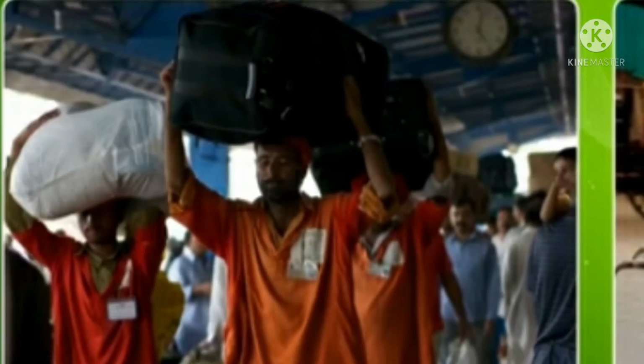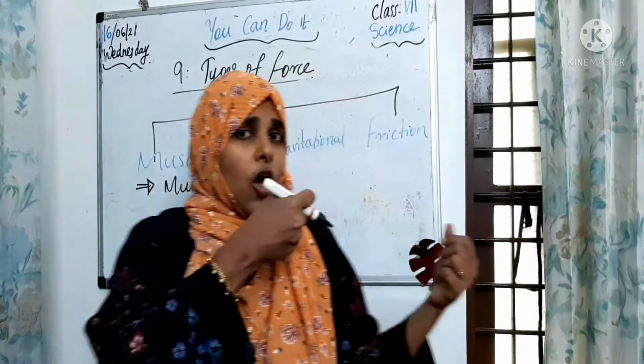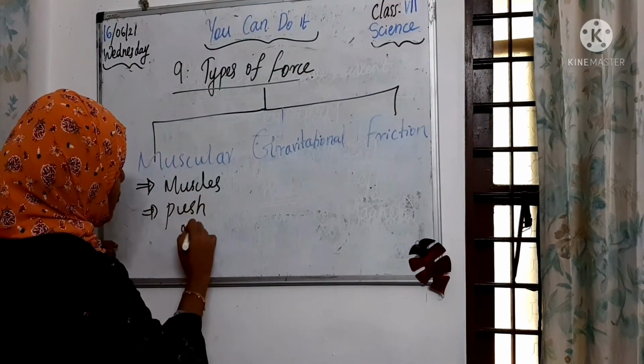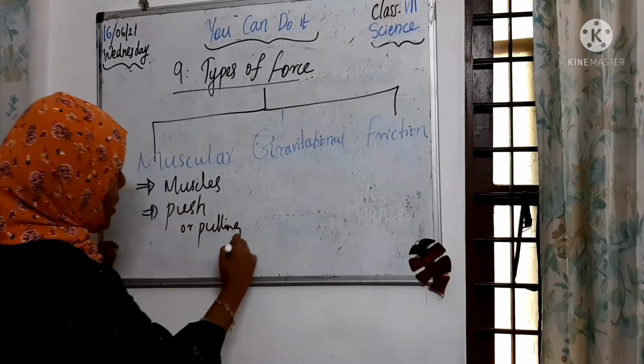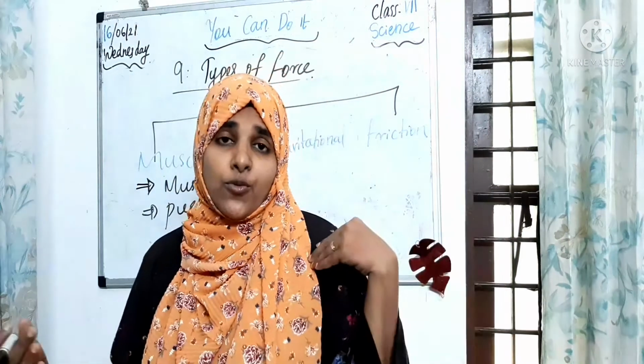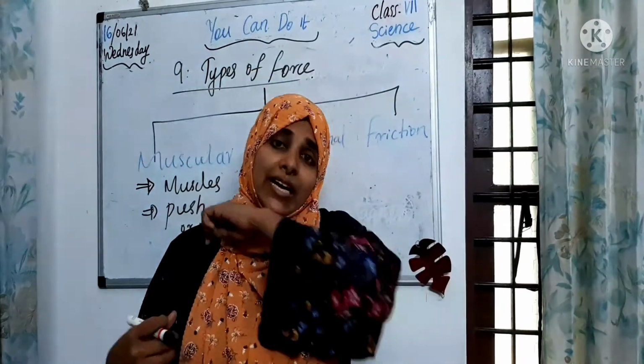For example, a porter carries luggage and a rickshaw puller carries people around using muscular force. Push or pull, we are using our muscular force. For pushing or pulling an object, we are using our muscular force. So with muscular force, we are using our muscles to carry out that task.